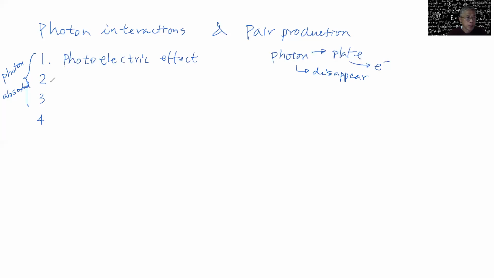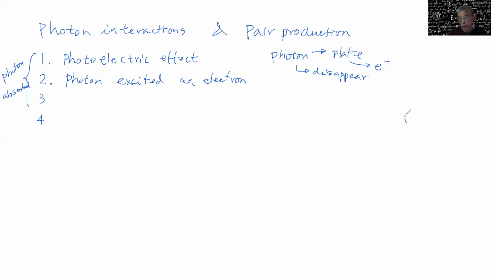Okay. The second case is the energy of the photon is not big enough. So this one here, the energy is big enough, it can actually generate the electron. But this one here, it's just the photon excited an electron, right?